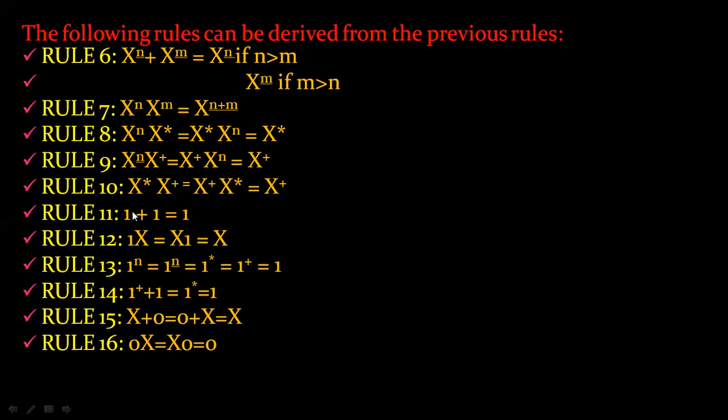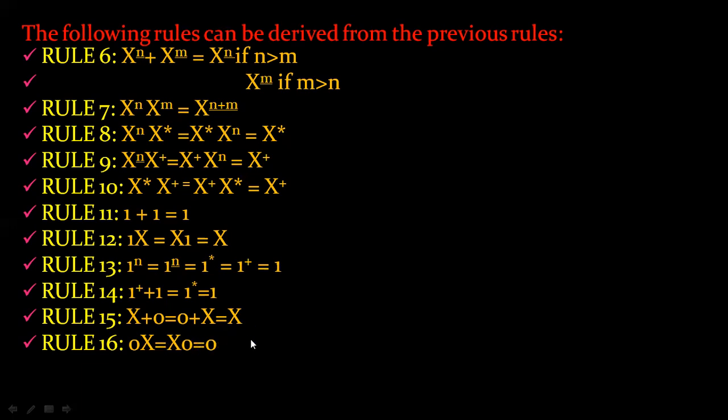And 1 plus 1 is equal to 1, 1 into X, X into 1 is equal to X, 1 power n or 1 power n bar, 1 star is equal to 1 plus is equal to 1. X plus 0 is equal to 0 plus X is equal to X. 0 into X is equal to X into 0 is equal to 0.